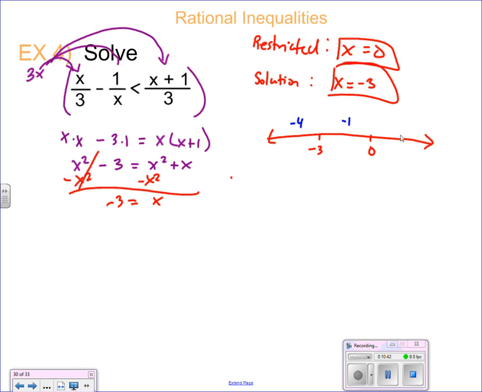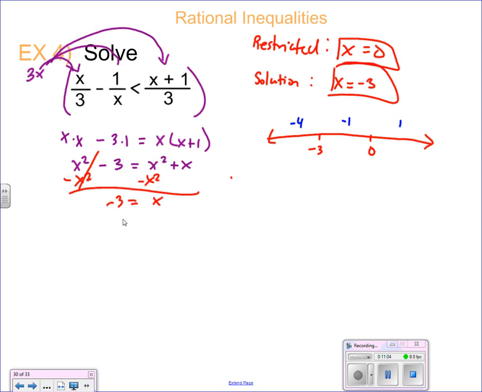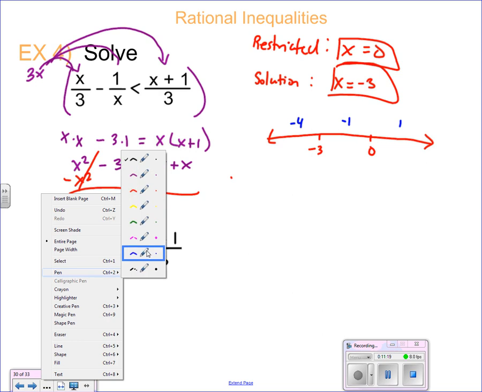And a number larger than 0 is positive 1. However many intervals you have is how many solutions or numbers you need to find. And then you're going to test that value in the original problem to see if it makes sense. So everywhere I see x, I'm going to replace it with the values that I just chose. And again, you can pick any numbers as long as they are in those specific intervals.